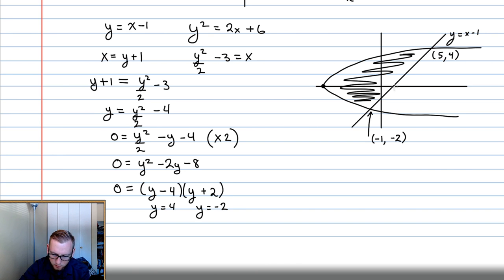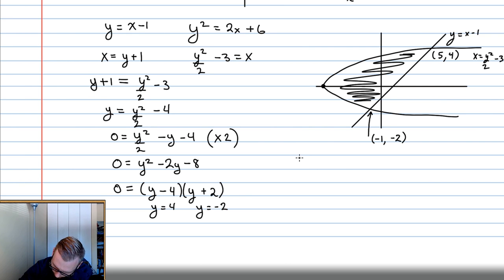Plus, if we got below the curve, then we'd have to take multiple types. So let's do it with y values. So this is y equals x minus 1, and this one here is x equals y squared over 2 minus 3.